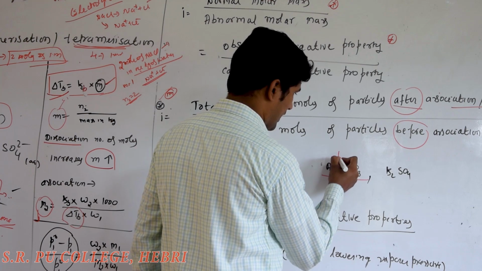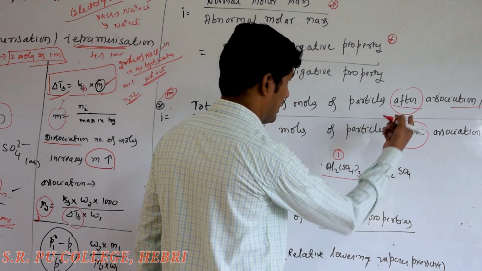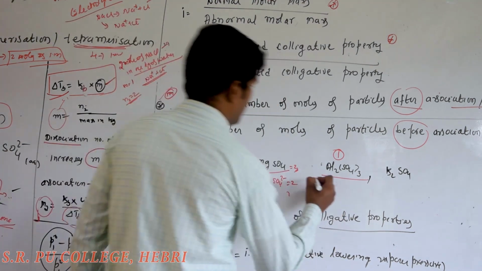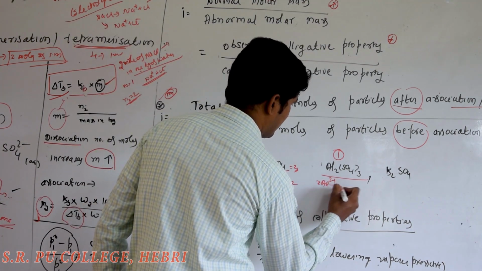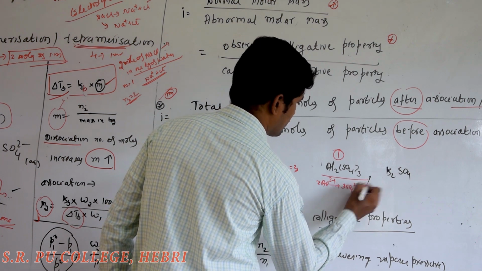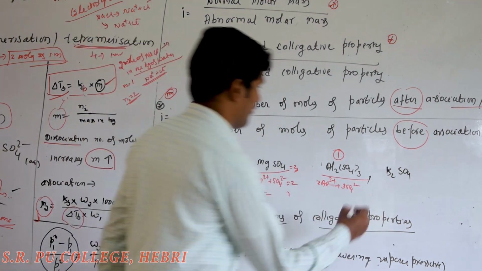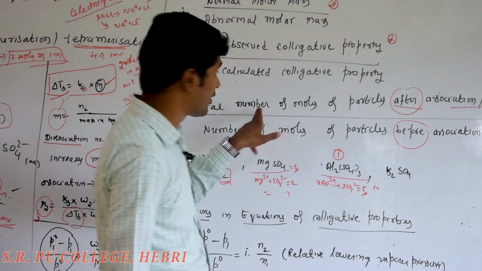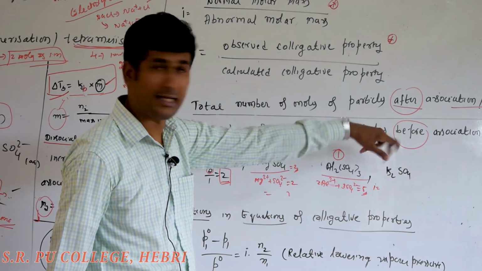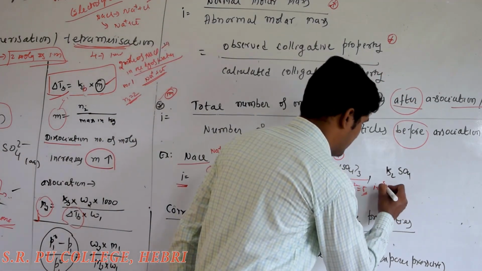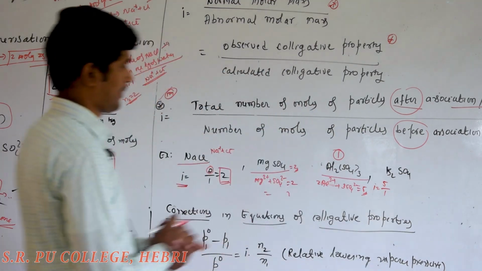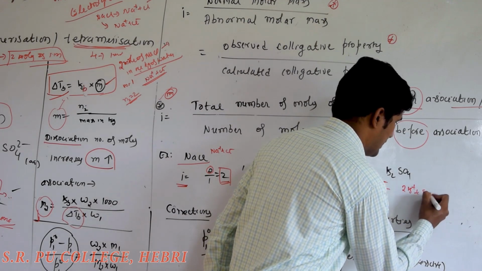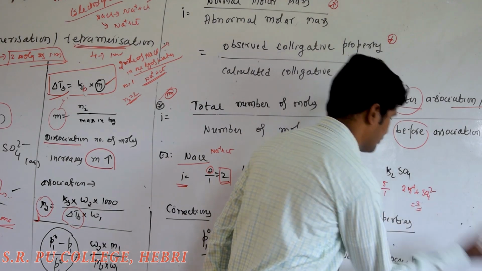Before we have 1, now we are having 5, because 2 moles of Al3+ and 3 moles of SO4 2- are formed. So the total number of moles formed is 5. So Van't Hoff factor i is equal to total number of moles of particles after dissociation, 5, before it was 1. In K2SO4, 2K+ and SO4 2-, this is equal to 3.